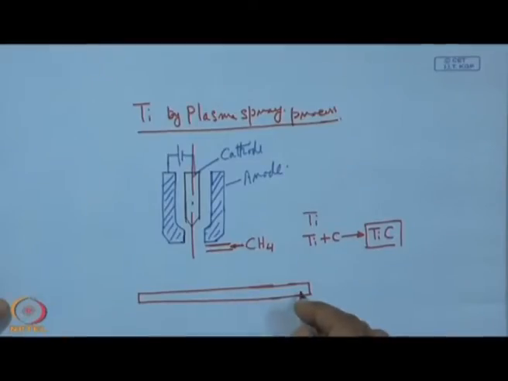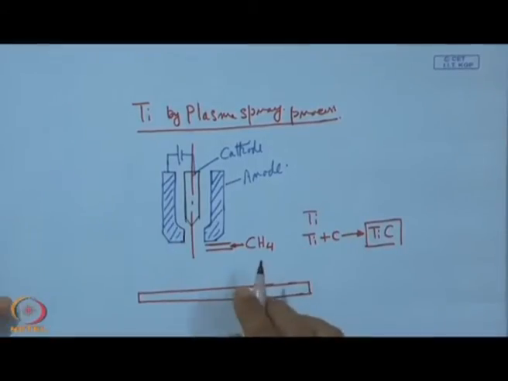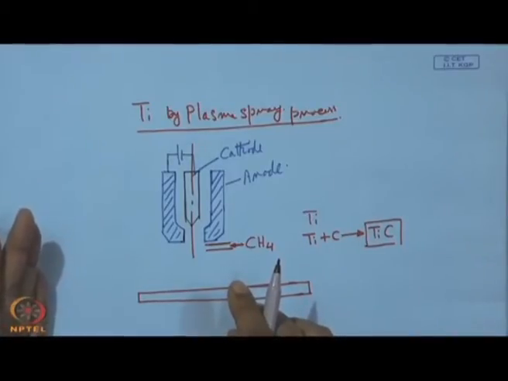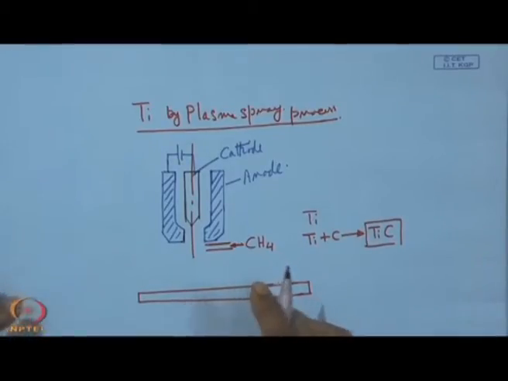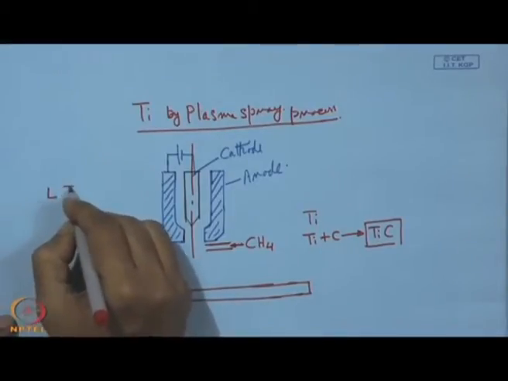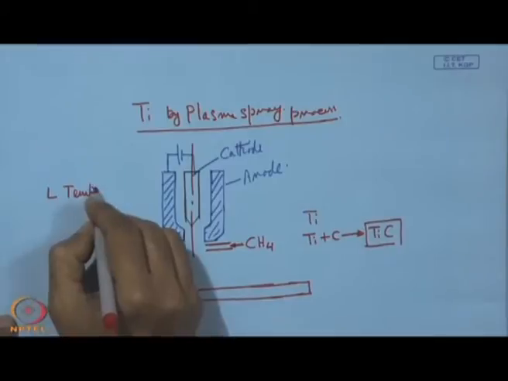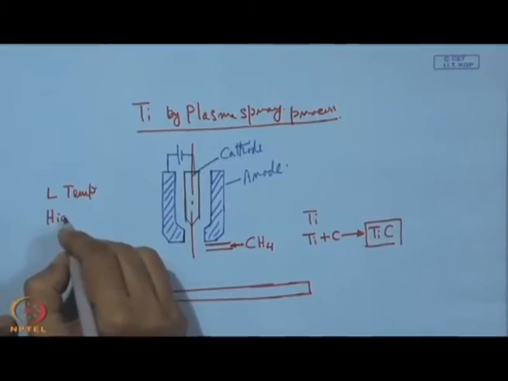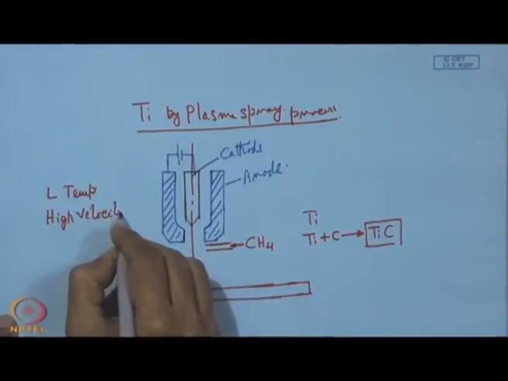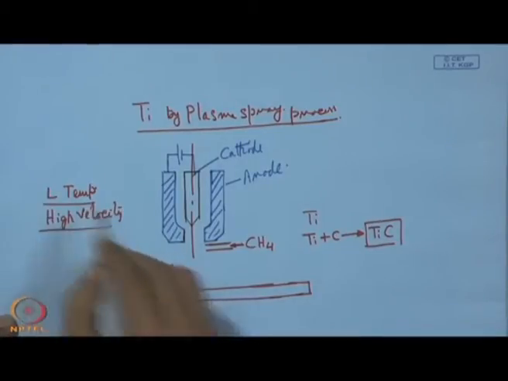So if we compare the detonation process and the plasma process, in the detonation process we have low temperature and high impingement velocity, and with that we cannot use ceramic material.